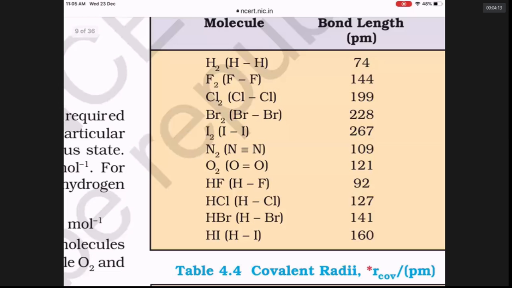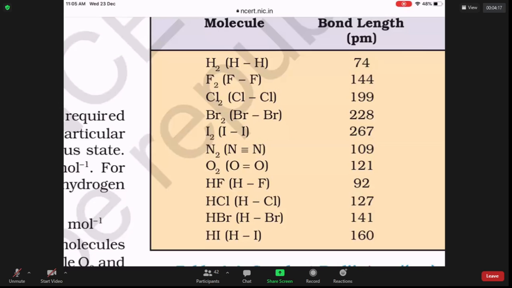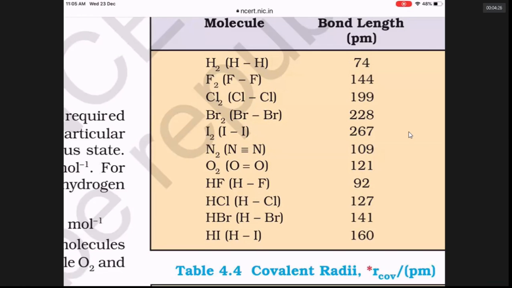Fluorine, chlorine, bromine and iodine are in group 17. The F-F single bond length is 144. Cl-Cl single bond length is 199. Br-Br single bond length is 228. I-I bond length is 267 picometers.